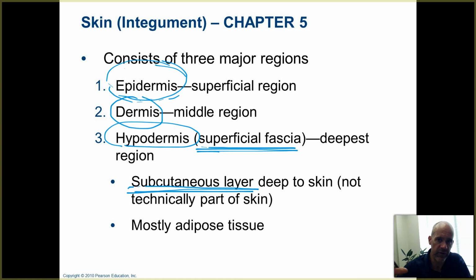So some of the other connective tissues woven in through there are considered to be fascia, and then you have deeper fascia that is in direct contact with the muscles themselves. So the fascia will include these connective tissues between the skin and the underlying muscle. The hypodermis though is mostly composed of adipose tissue surrounded by some loose connective tissue and then also some denser connective tissues as you approach the muscles underneath.